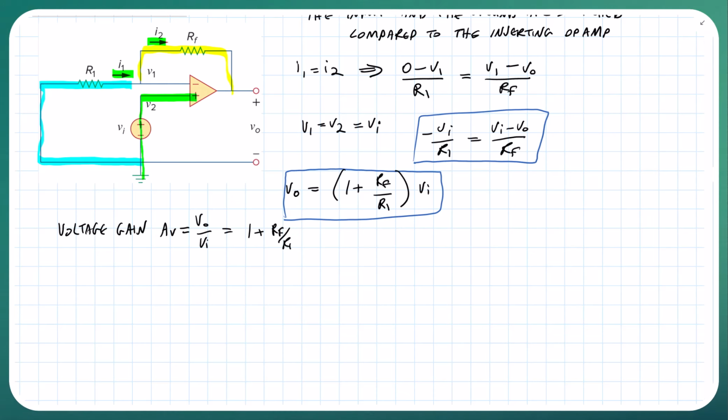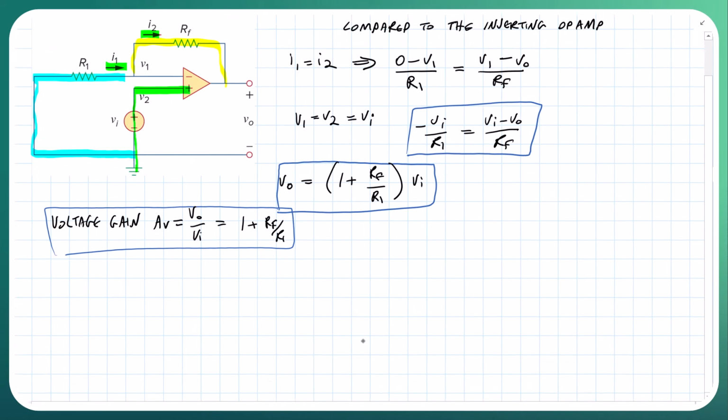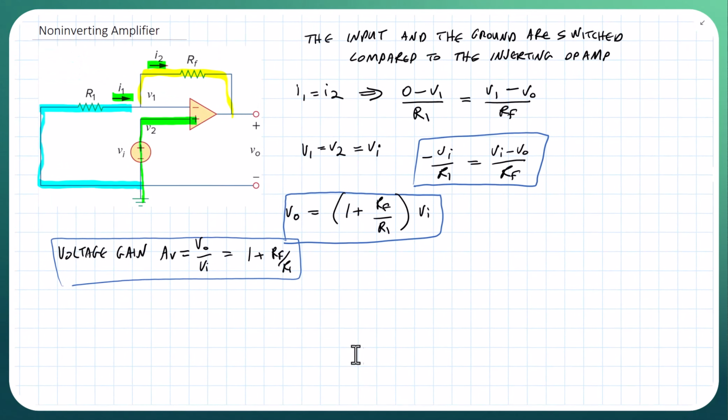So that's another way of looking at this relationship for a non-inverting amplifier. A couple things to know about this non-inverting amplifier. We note here that the gain is positive. That's the non-inverting name.